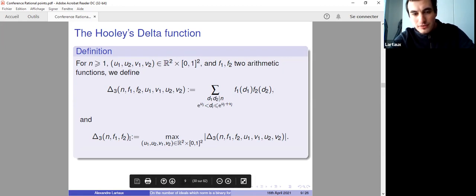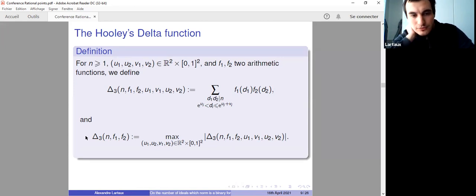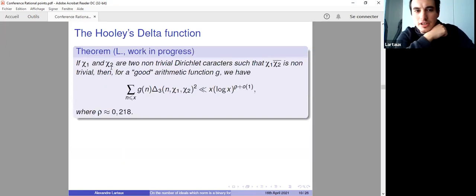And now I will give a new theorem which upper bounds the second moment of this new function delta 3. If χ1 and χ2 are non-trivial characters, such that χ1 χ2 bar is non-trivial, then for good arithmetic functions, we have this upper bound with the factor rho, which is near 0.218.